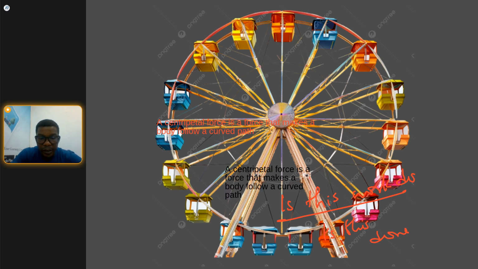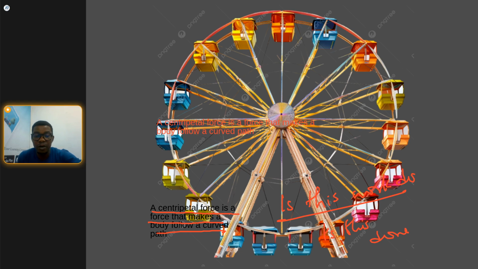Let me use a black ink so we can see this. A centripetal force is a force that makes a body move in a curved path.